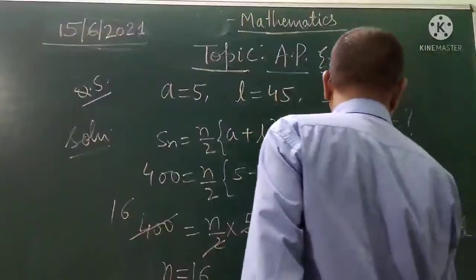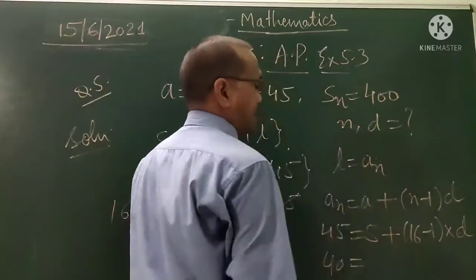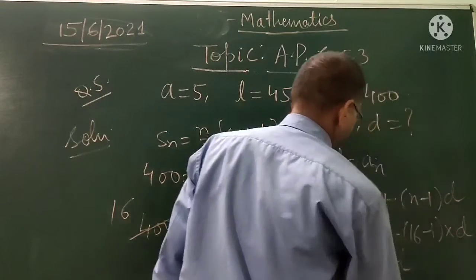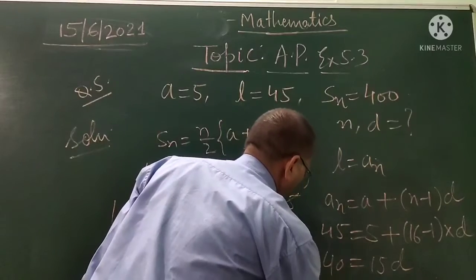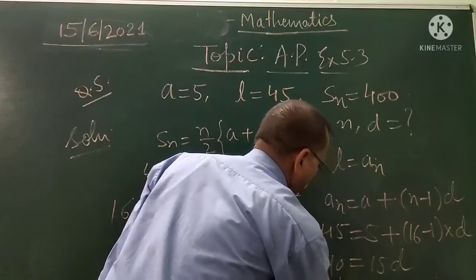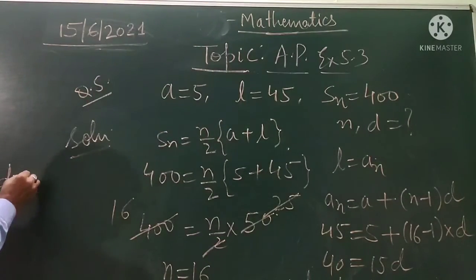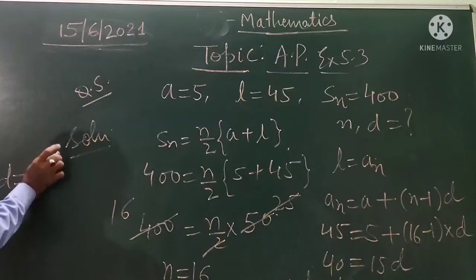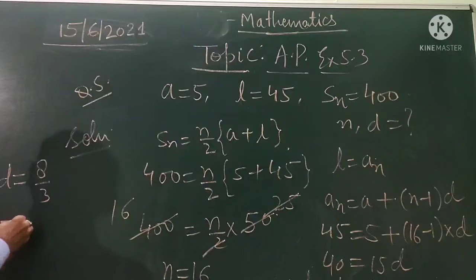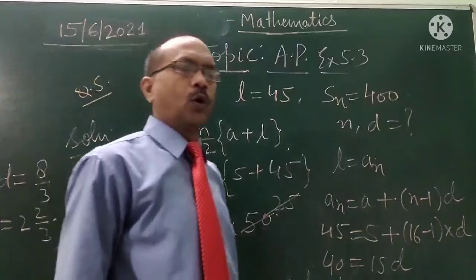Now 45 minus 5 is 40 equal to 15 into d. Therefore, d equal to 40 upon 15. 5 3s are 15, 5 8s are 40. So d equal to 8 upon 3, or we can write it as 2 whole 2 by 3. d is 2 whole 2 by 3.